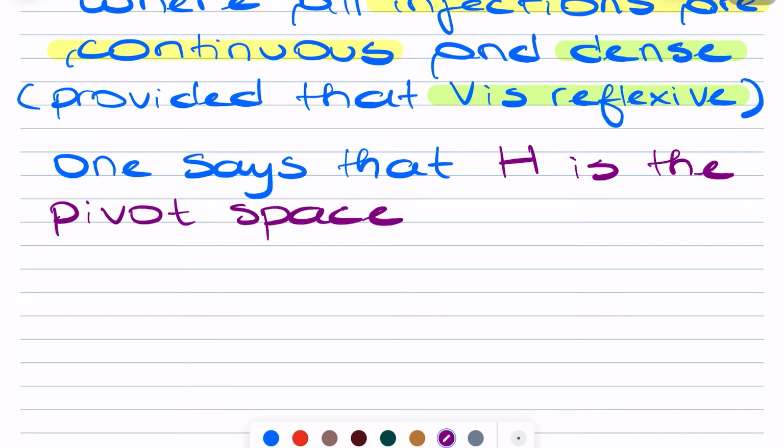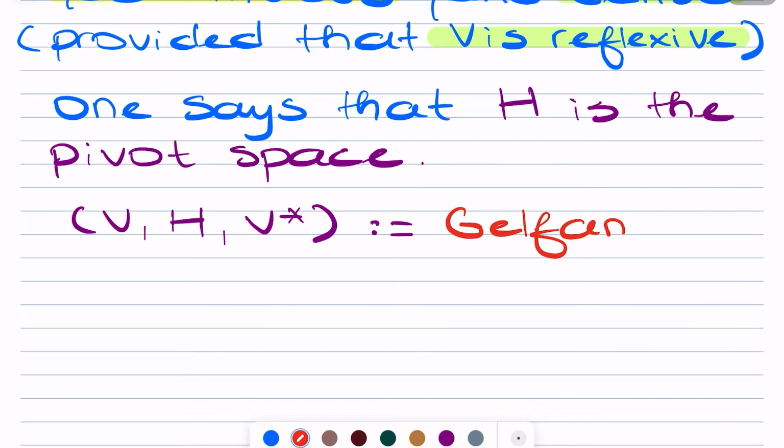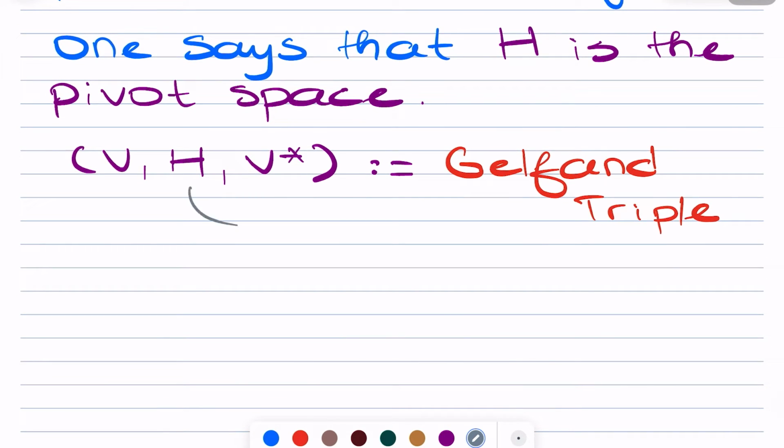And this triple, V, H, V star, is even called, for those familiar with optimization with PDEs, the Gelfand Triple, provided that the space H is separable.